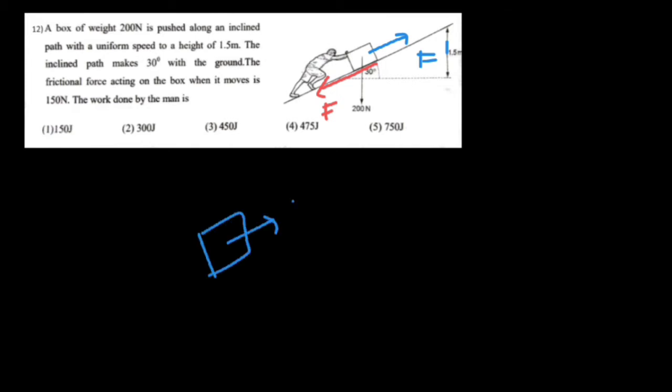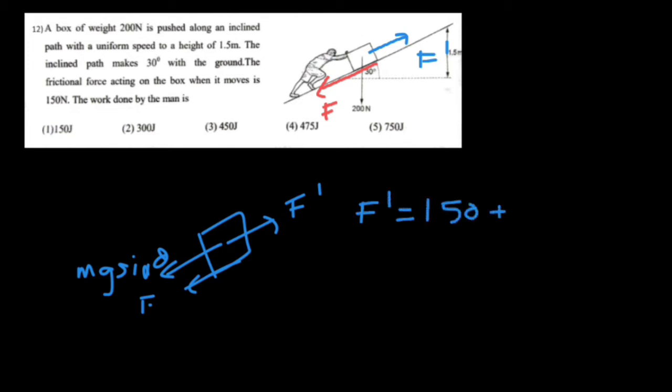F dash is equal to F plus mg sine theta. F dash is equal to friction, 150 newtons, plus mg, 200, times sine theta, that is half, that's 100. Therefore F dash is 250 newtons.